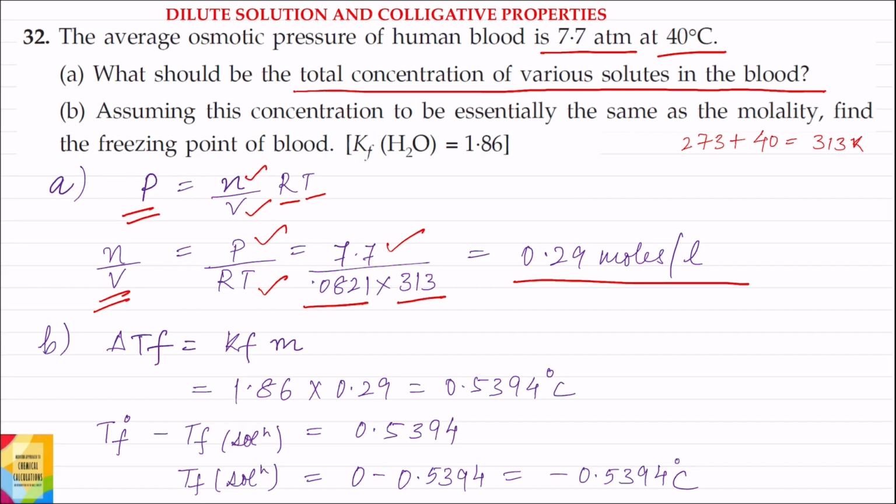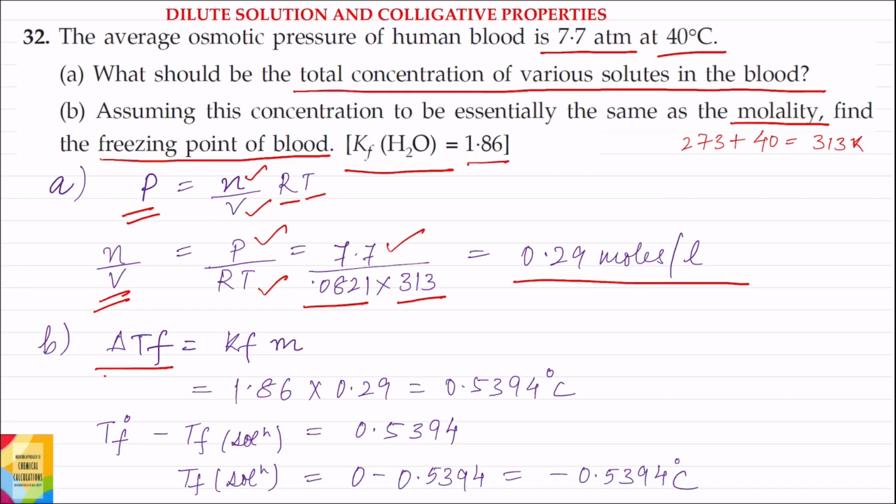Now B part, assuming this concentration to be same as the molality, means assuming that the molality of the solution is also 0.29 moles per kg of solvent, we have to find the freezing point of blood. Value of Kf for water is given as 1.86.